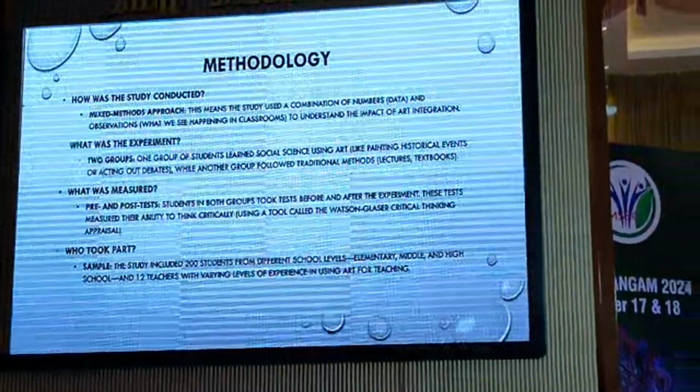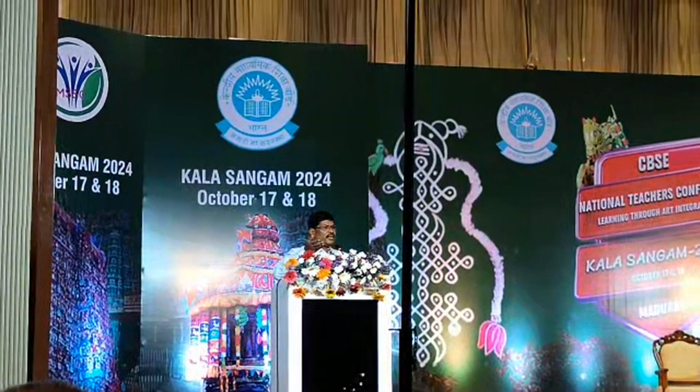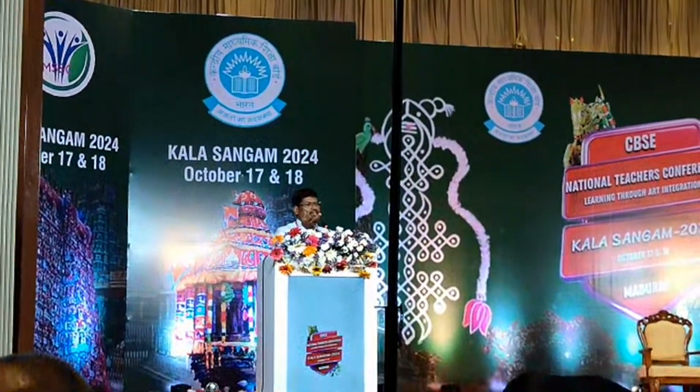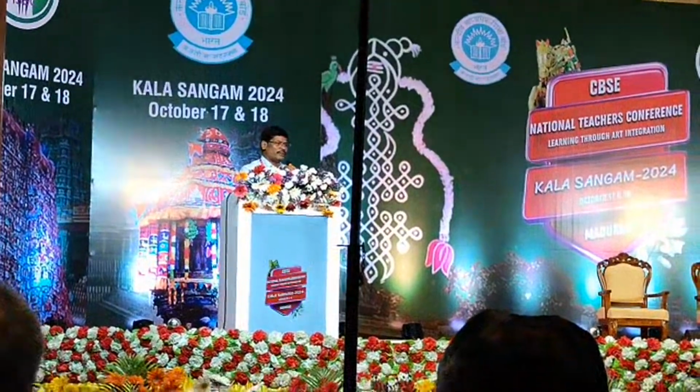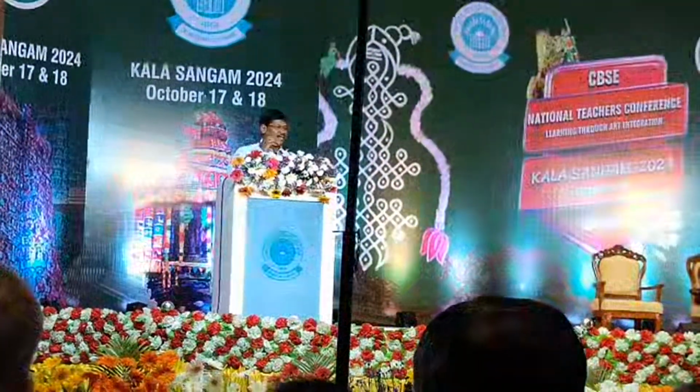What are these two groups? One is the experimental group, where we teach with the help of art integration. The other group uses the traditional method, rote memorization and so on. The main important thing is we took them equally.